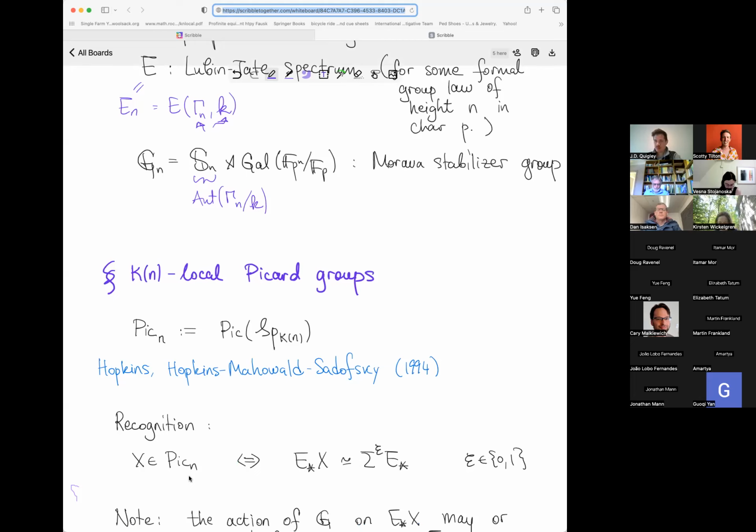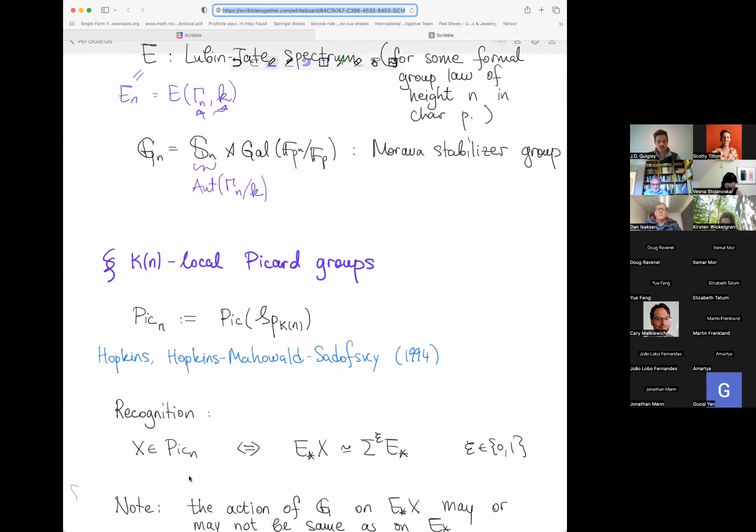One thing that they did in that paper is they gave us a recognition principle for how we know if a Kn-local spectrum is invertible. The idea is that we can test that by using our Morava E-theory spectrum.